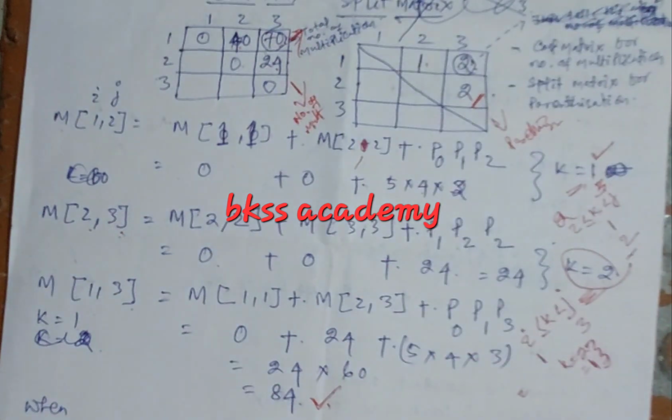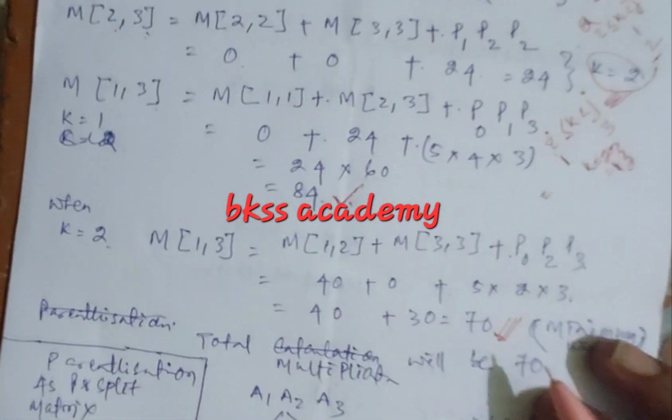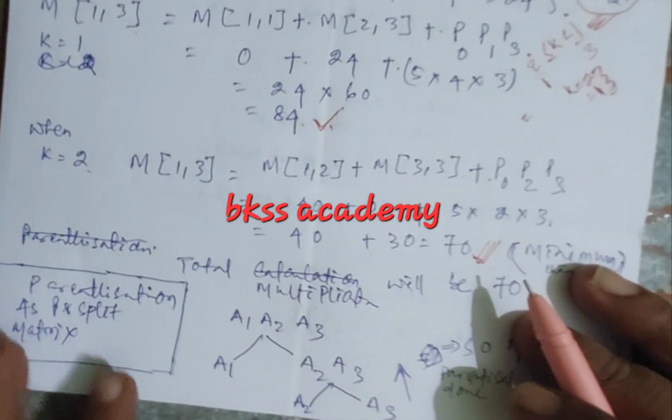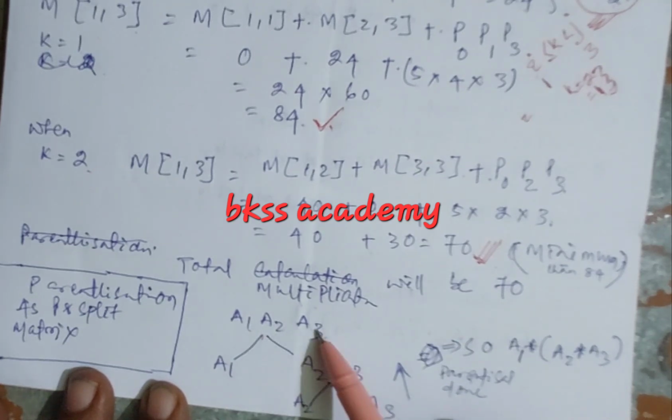For parenthesization, we will calculate it. There are 3 matrices, that is A1, A2 and A3. At location 1,3, what is the value?